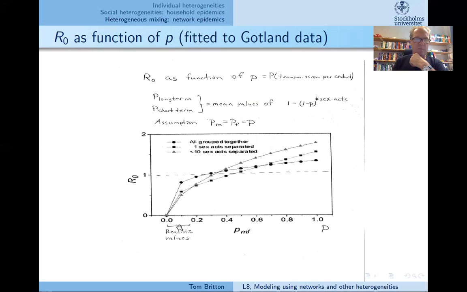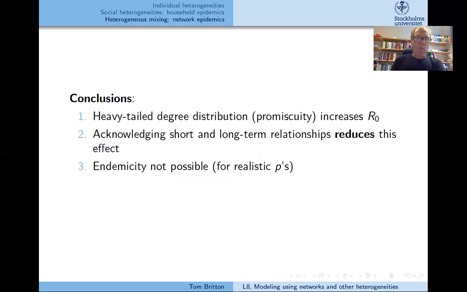And then we see that for realistic values of this PMF, this was the expression without taking long and short-term relationships into account. And if we do take them into account, we see that R0 is actually reduced as we believed. So heavy tail degree distribution still increases R0, but acknowledging short and long-term relationship reduces this effect to some extent.